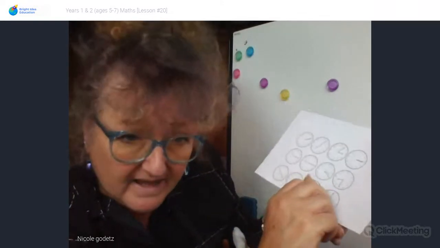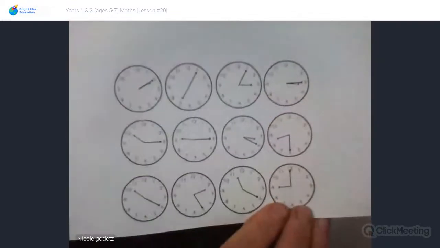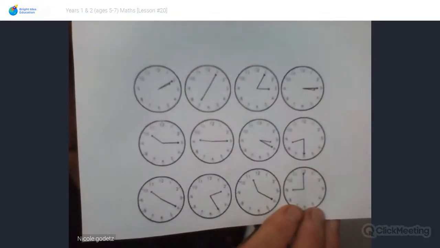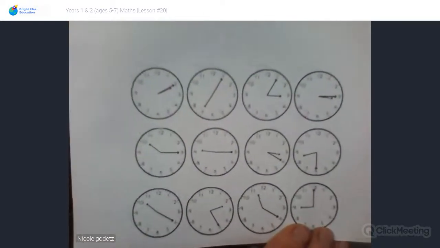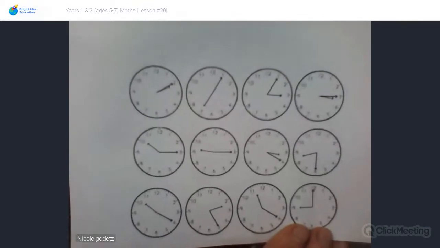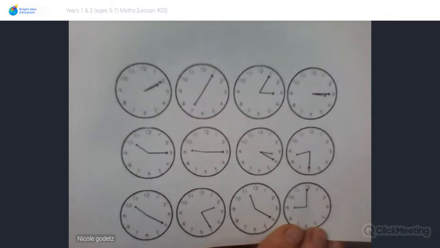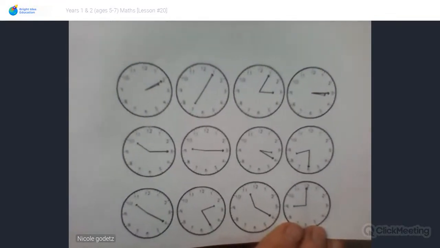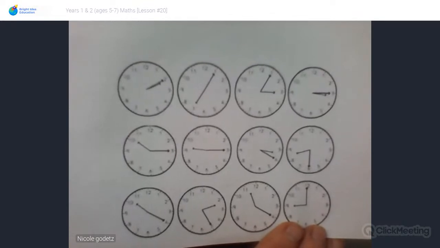Then I am going to call out times, and if I call out one of your times, you cross it off. You can see the times now because I'm holding them up nice and clearly to the screen. So choose 3 times to write down.